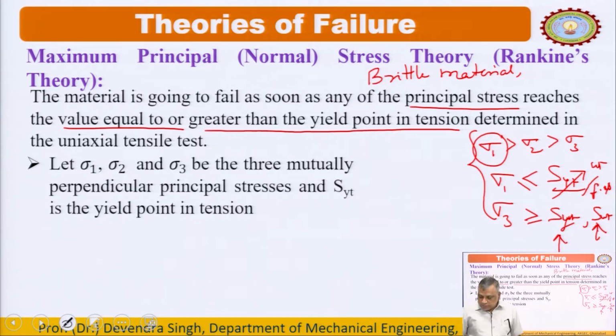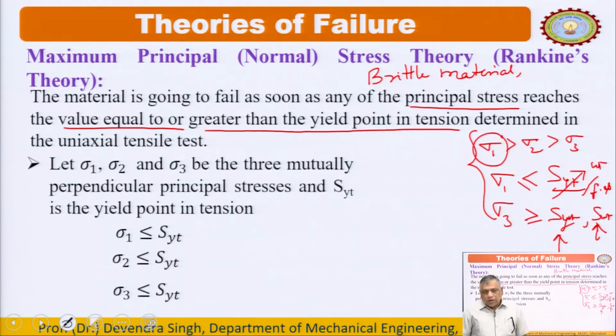Sigma 1, sigma 2 and sigma 3 are the three mutually perpendicular principal stresses, and SYT is the yield point in tension if I am dealing with a ductile material, but if the material is brittle, then I will use SUT, the ultimate point in tension. Then sigma 1 is less than or equal to SYT, sigma 2 is less than or equal to SYT, sigma 3 is less than or equal to SYT. These are the successful conditions.